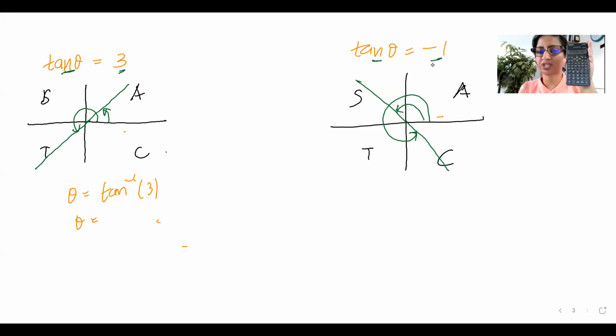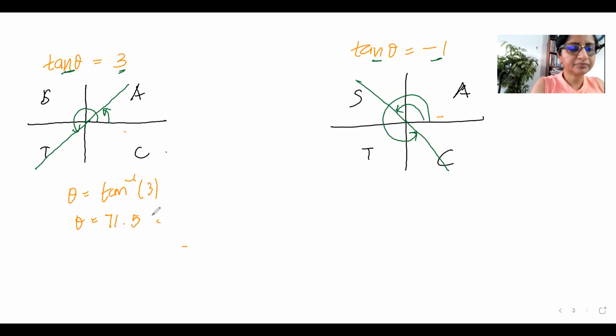Do you all know how to change from one to the other? Do you all know that? Let me know. Okay, so I am going to do it in degrees mode for now, and later I will change it.